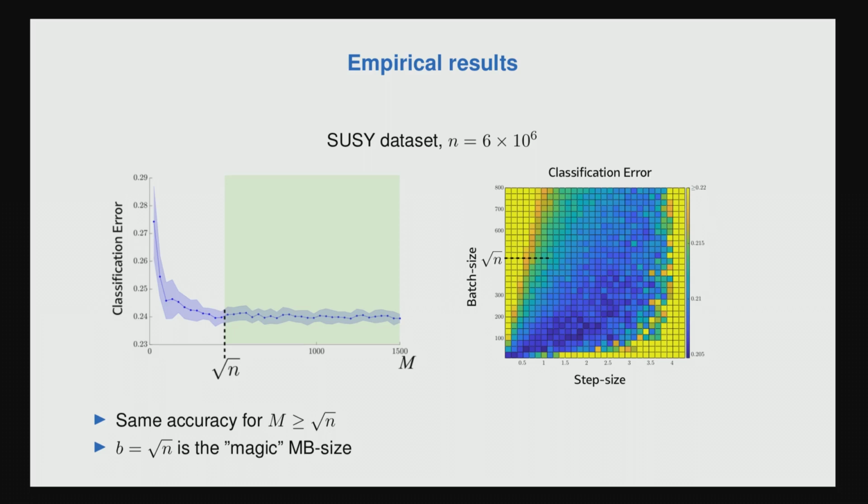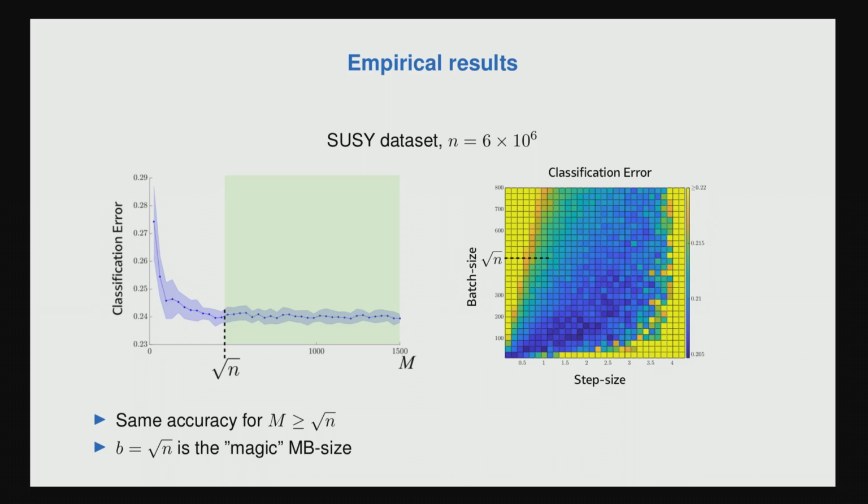But after some point, which is around square root of n of batch size, we cannot anymore increase batch size and step size and recover the same deep blue that we can observe below that threshold. Why this? Well, because this plot here is for a fixed number of iterations. In particular, this is after one pass over the data.